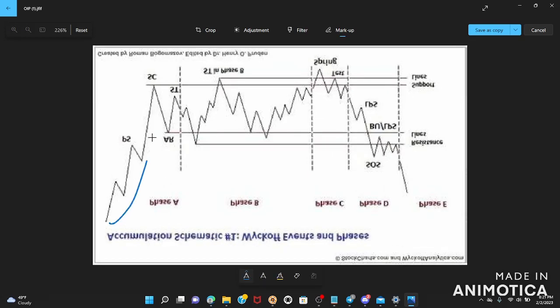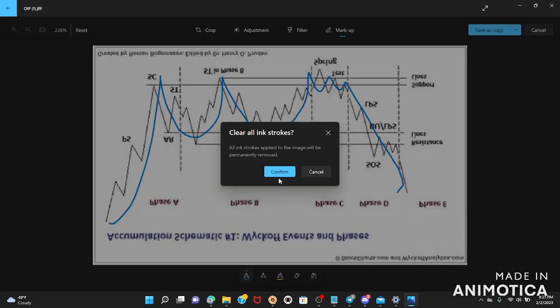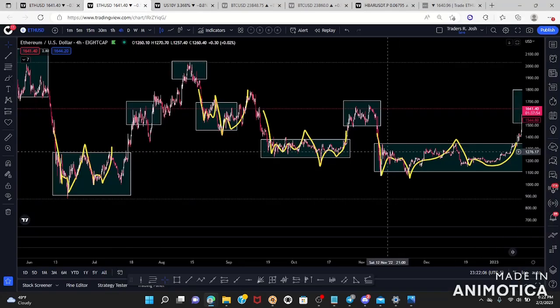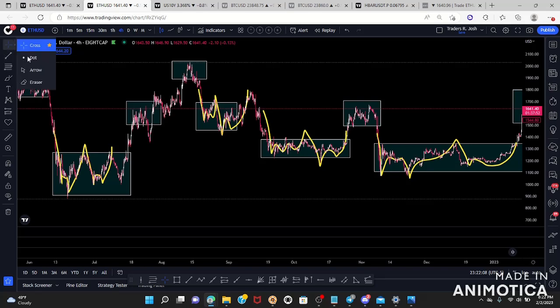You have an uptrend, upside down H, ripsaw, accumulation, down. Write that down. Again, you're going to have upside down H, ripsaw, accumulation, down. Let's check out our charts and the reversals here.